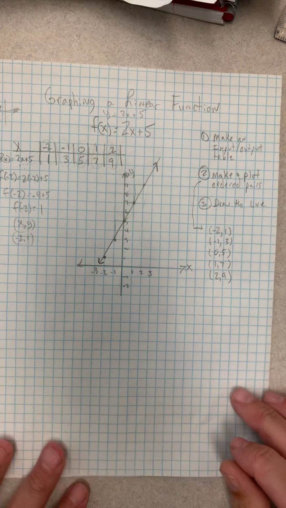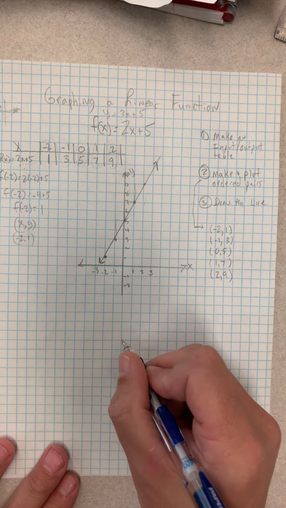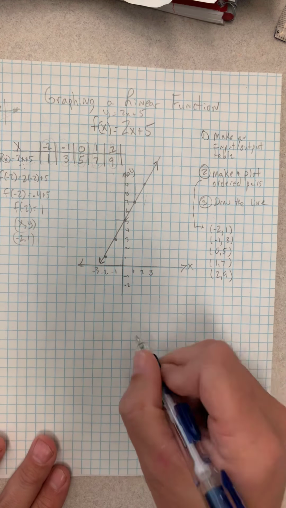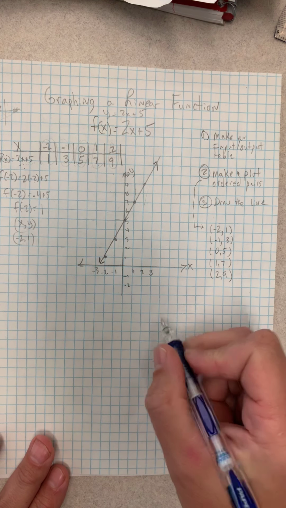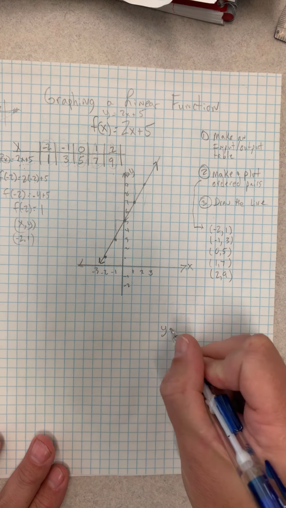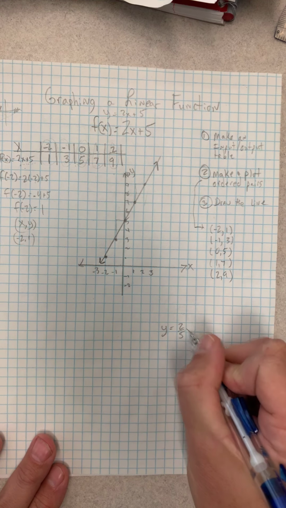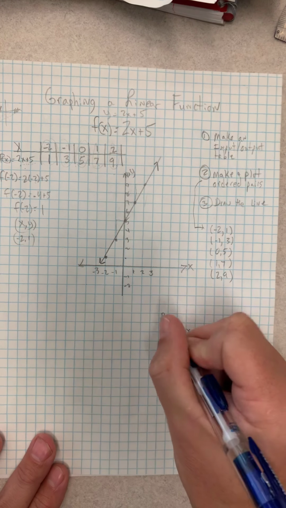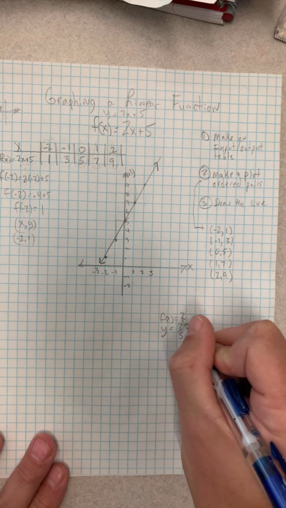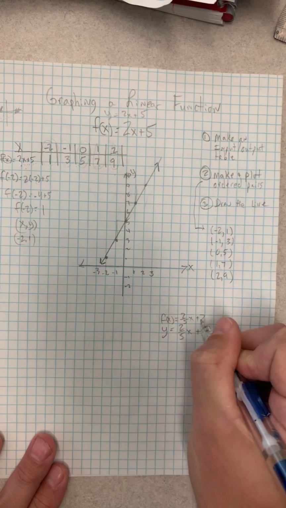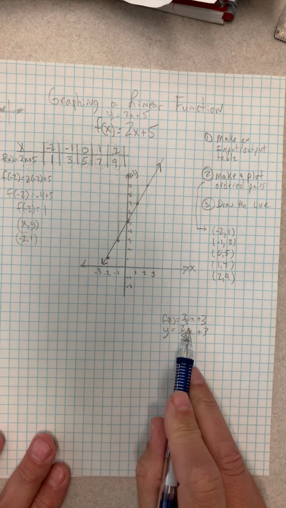Couple of things to look at. There's a couple in your problems off of your worksheet where, let's say, y is equal to 2/5 x plus 3, or I could say f of x is equal to 2/5 x plus 3. And you're going to be asked to make a table.